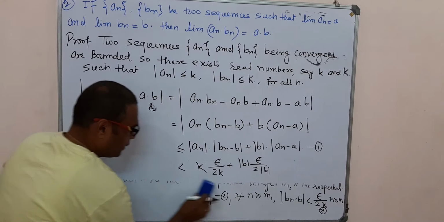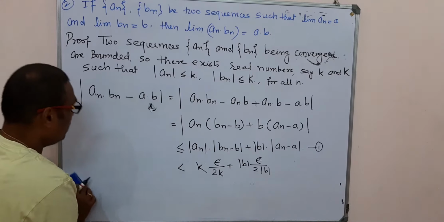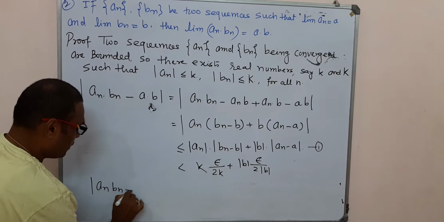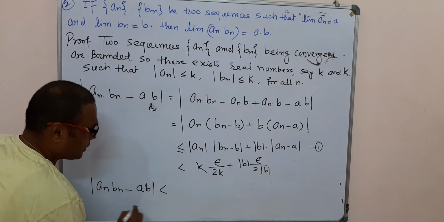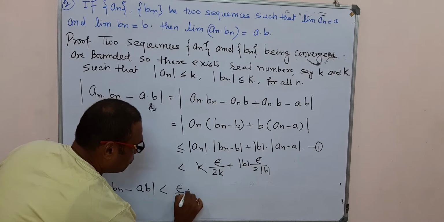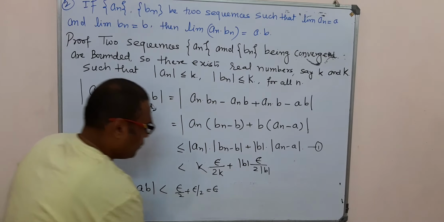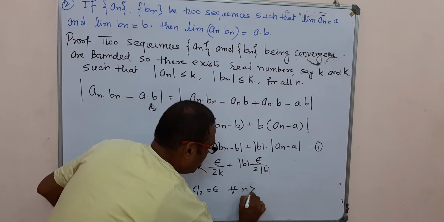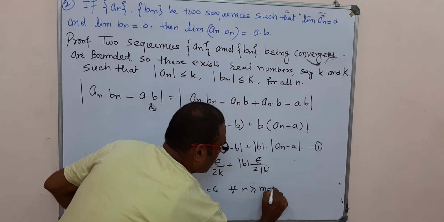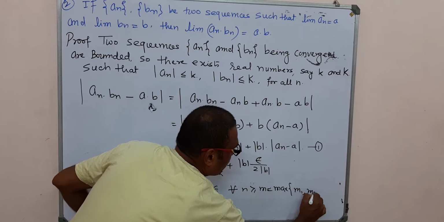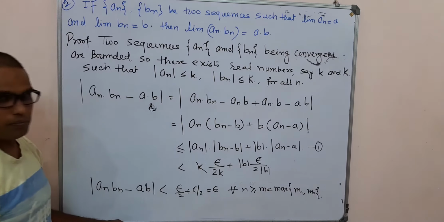After simplification we have the mod of a_n b_n minus a b is less than epsilon by 2 plus epsilon by 2, which is equal to epsilon, for all n greater than or equal to m, where this m is the maximum of m1 and m2.